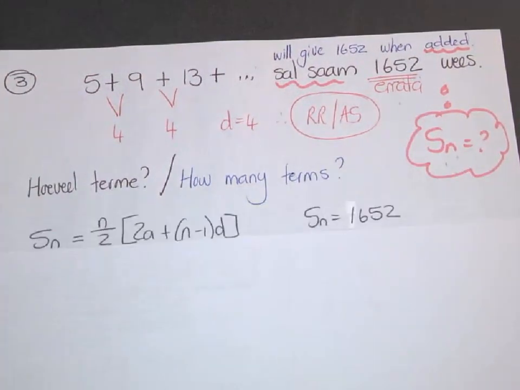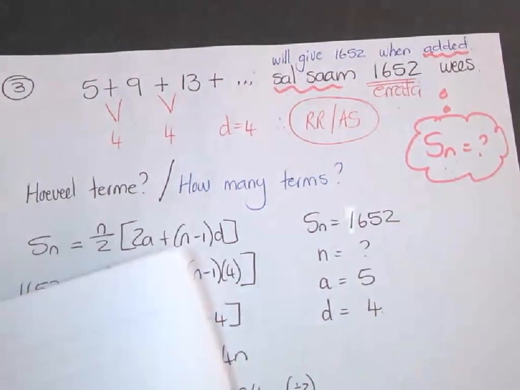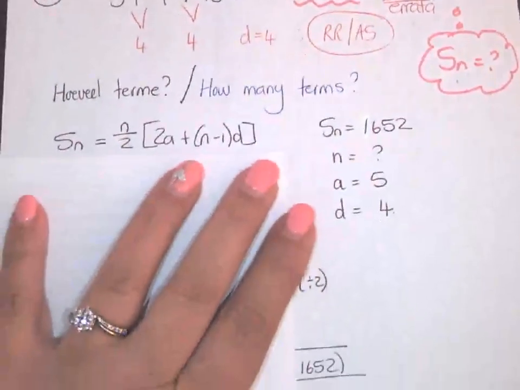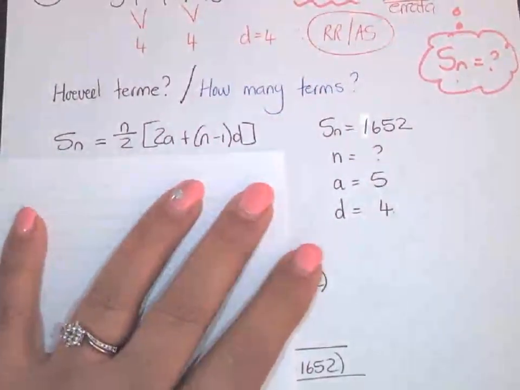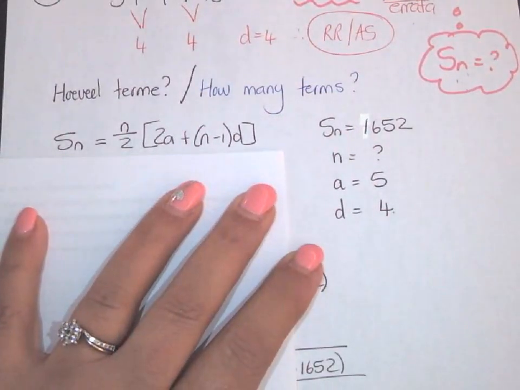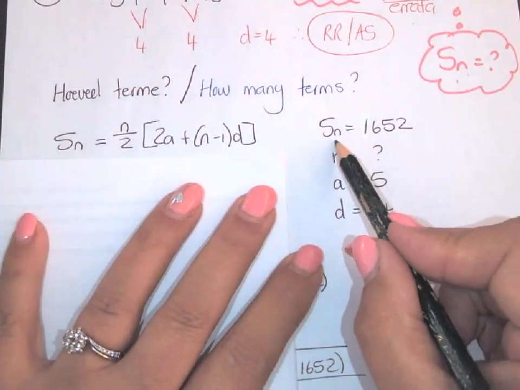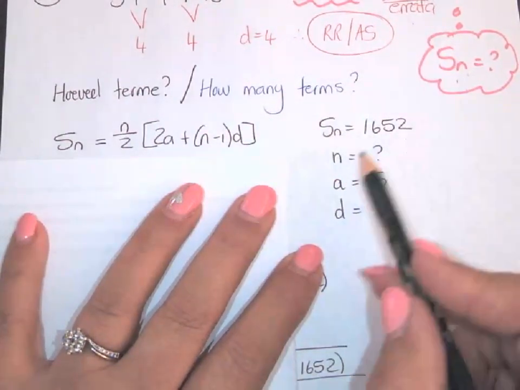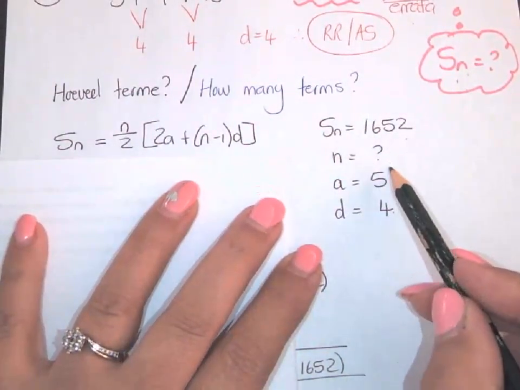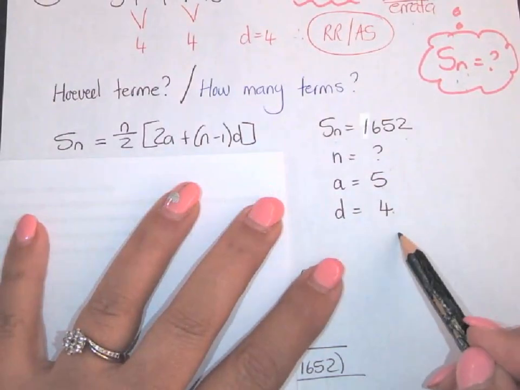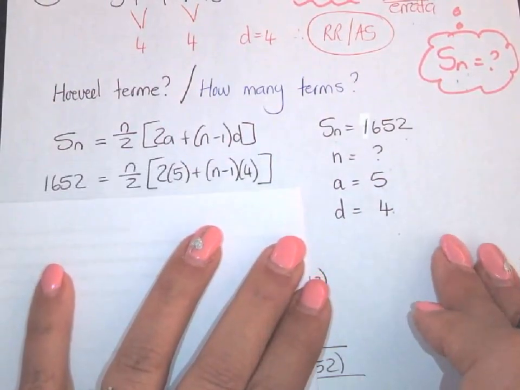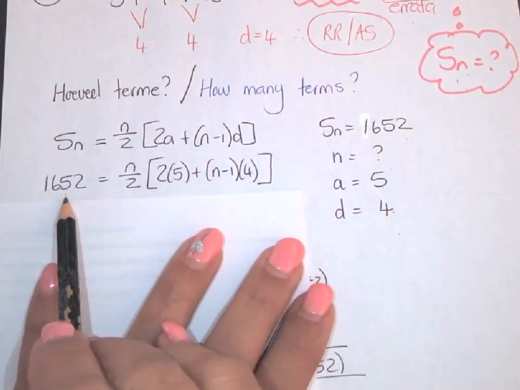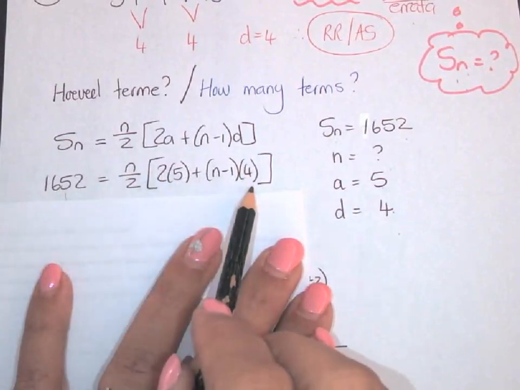Okay. So we start with our formula. I don't have the last term, so I'm using the big long one. I have Sn, I want n, I have a, and I have d. Substitute your values, make sure that you have the correct values on your notes.